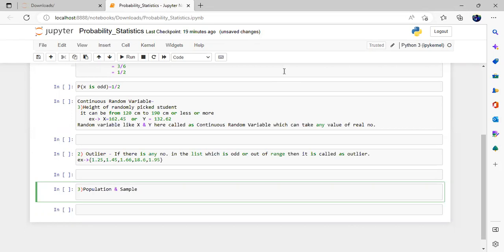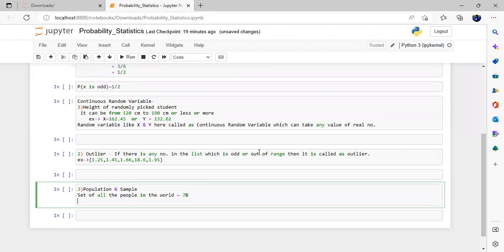The set of all people in the world, for example, approximately 7 billion, is called the population. Population equals the set of all the people in the world, which is your main set.